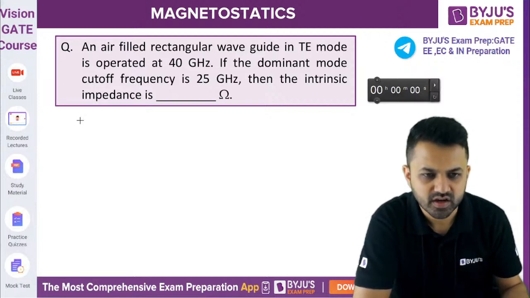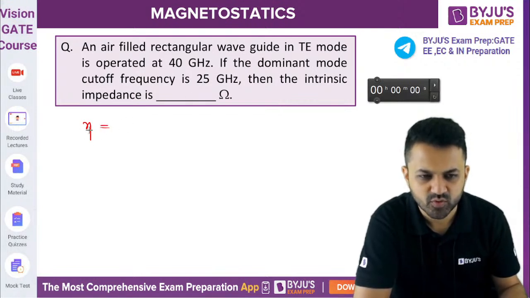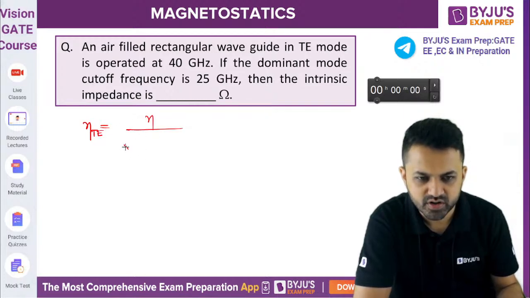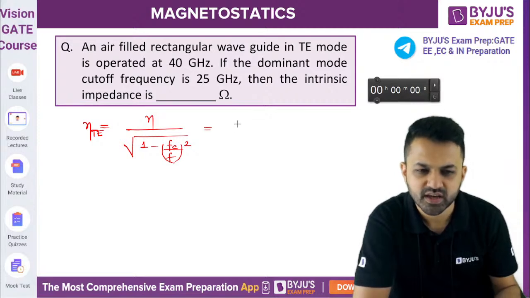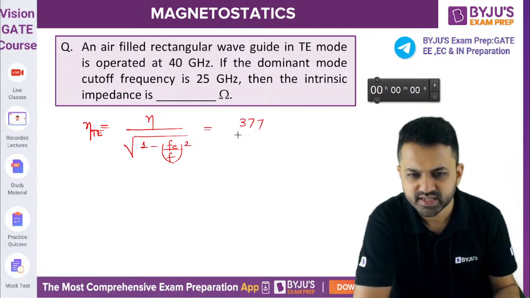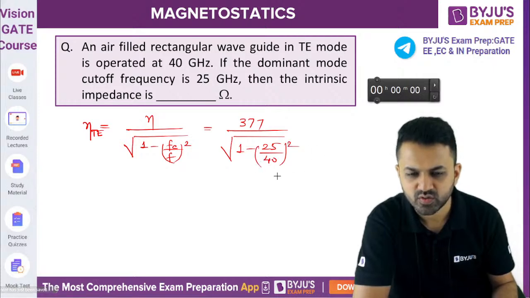Let's check. The cutoff frequency is already given. So intrinsic impedance, which mode? TE mode. So in case of TE mode, eta TE is eta upon root over 1 minus fc upon f whole square. Okay, eta, because it is air filled, we will take 377, divided by root over 1 minus, cutoff frequency is 25 and it is 40, so whole square.